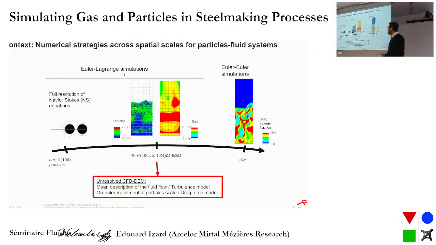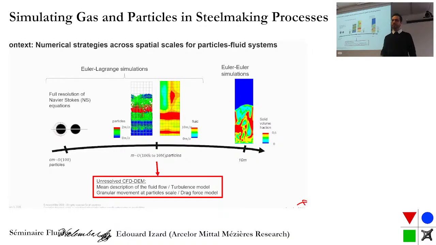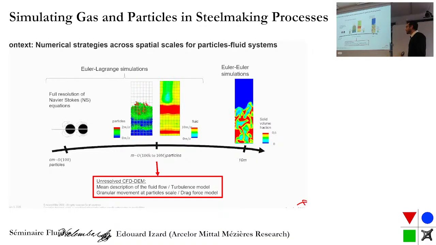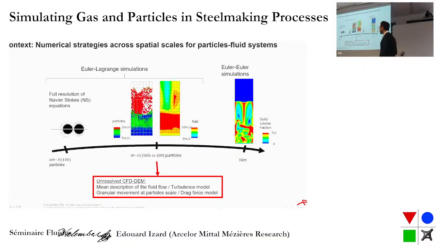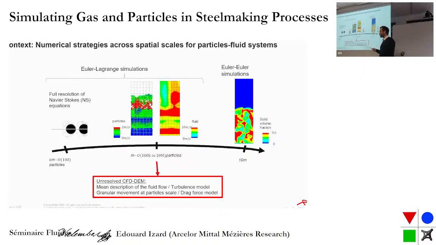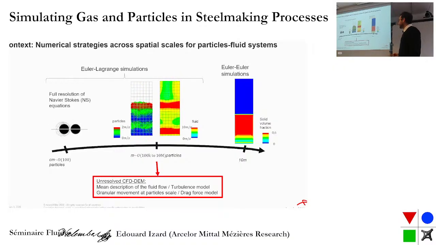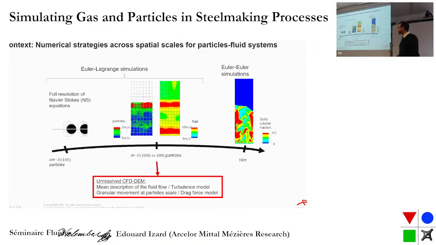If we want to go to larger scale, we can degrade a little bit the fluid by doing some unresolved coupling between Euler and Lagrange simulation. So the particles are smaller than the grid cell size. And we can simulate around 1 million particles.